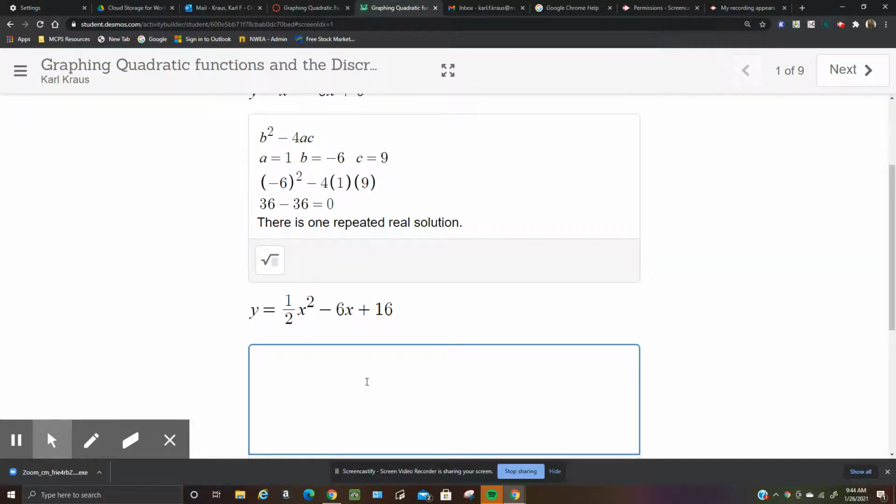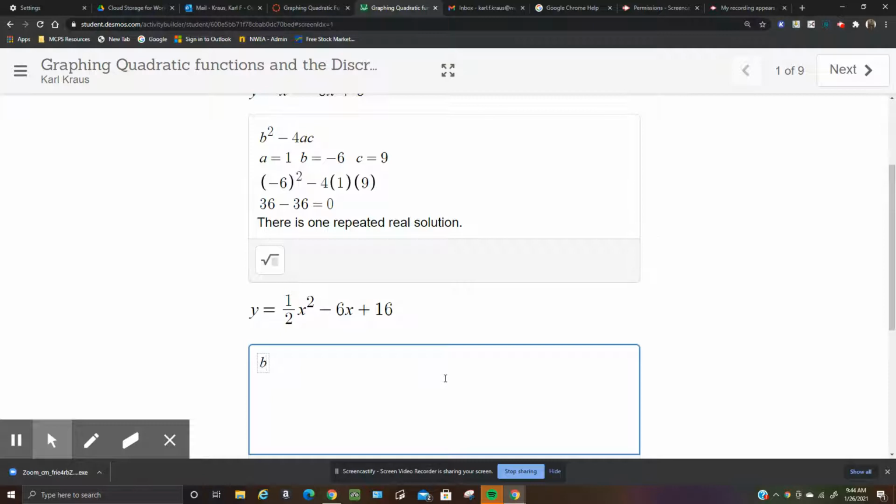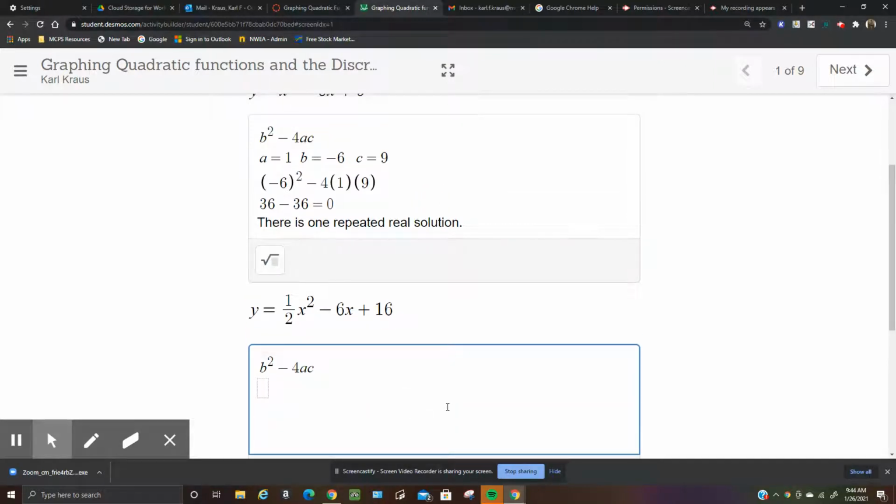The second one, once again, you're using b squared minus 4ac. And a is 1/2, b is negative 6, and c is 16.